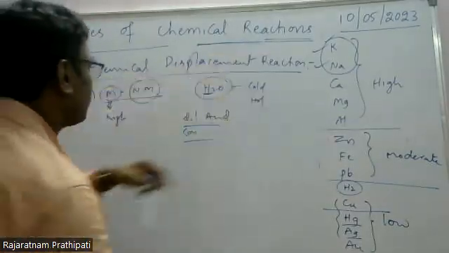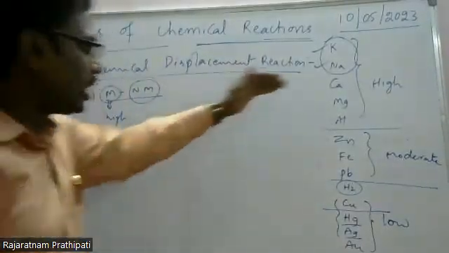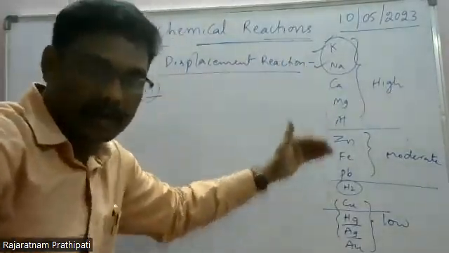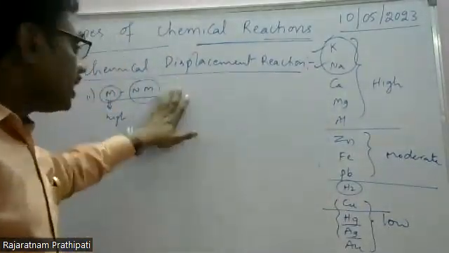If you observe the activity series, we can understand which are high reactive metals, moderate reactive metals, and low reactive metals. How can we understand this? Based on these reactions.